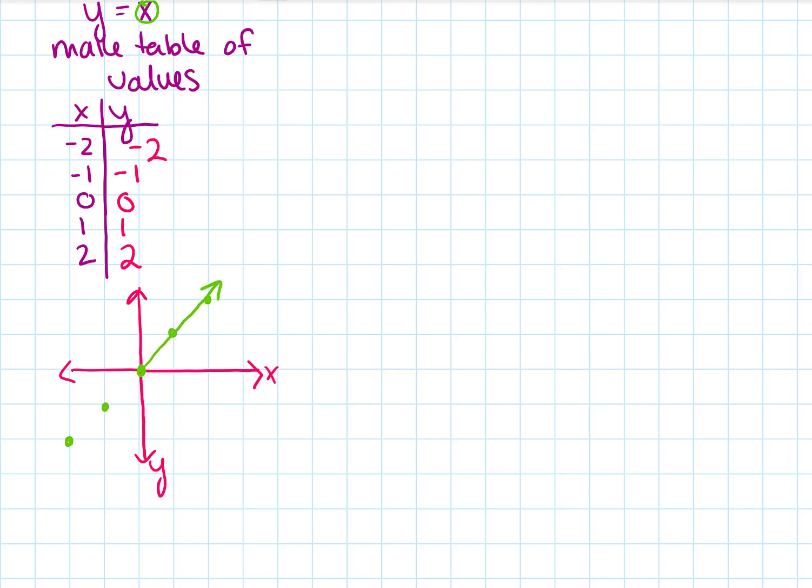And then I connect the points. So this is a linear, goes up and to the right. The domain is -infinity to +infinity, and the range is also -infinity to +infinity. That is the parent function of the linear.